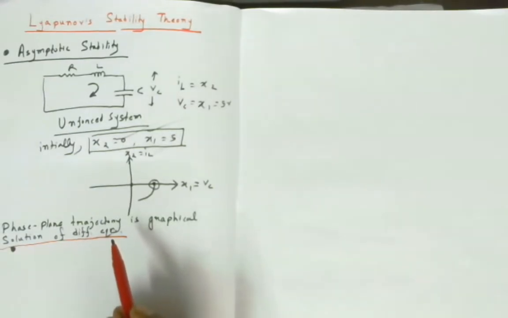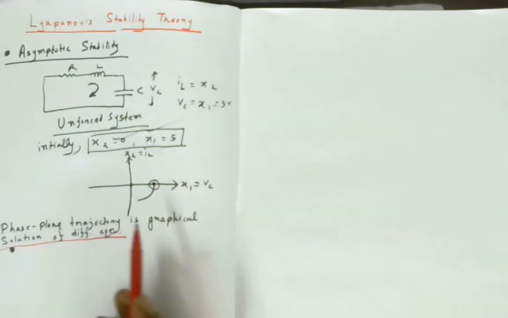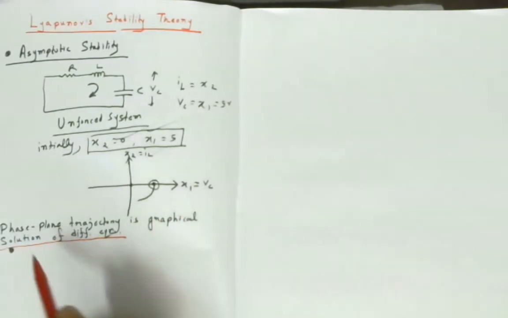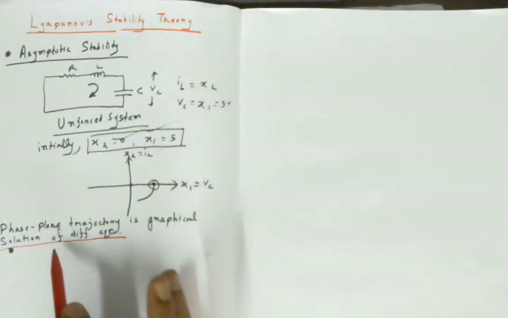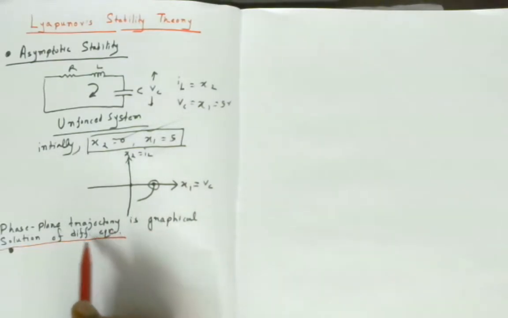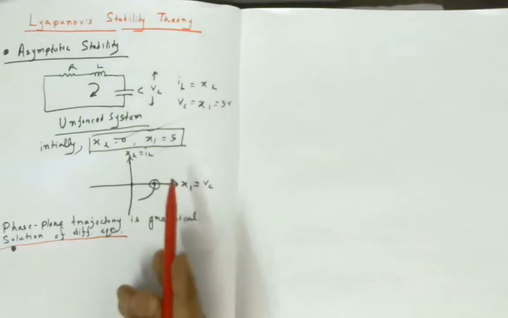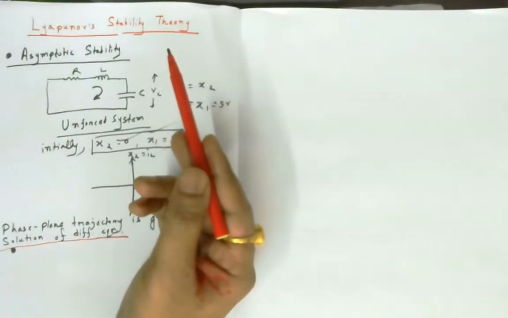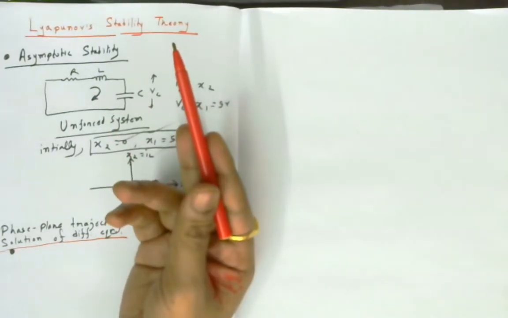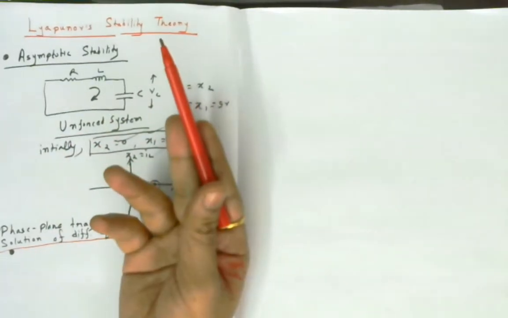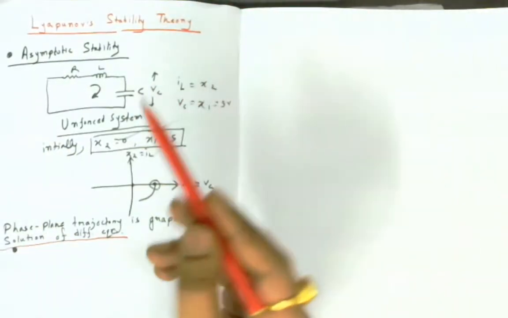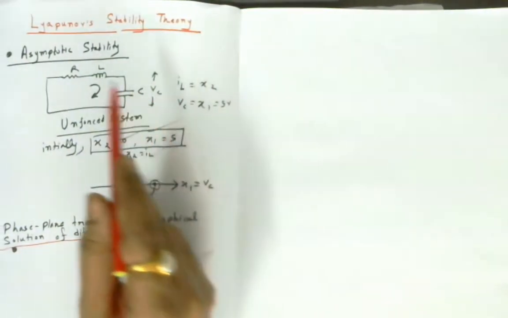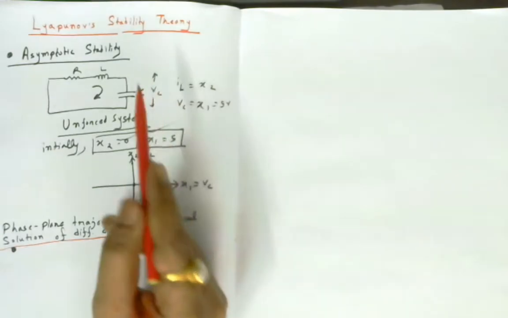And from this point I want to say, as I have already told you, that Lyapunov stability theory is based on energy. So what will happen to energy when time tends to infinity? What will happen to the energy of the system?